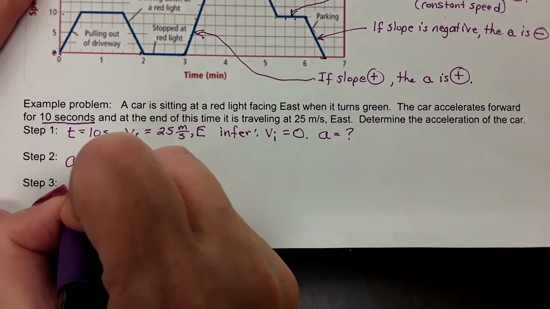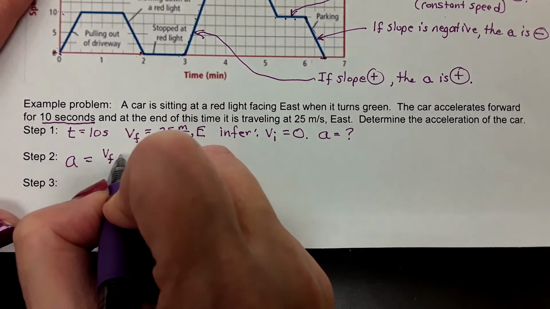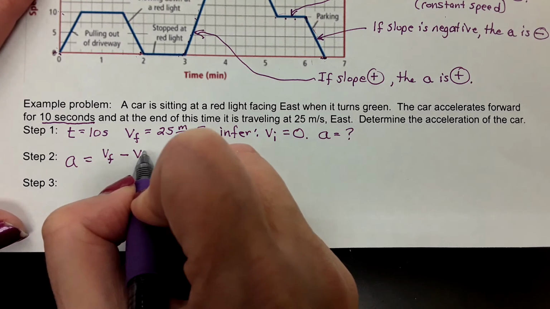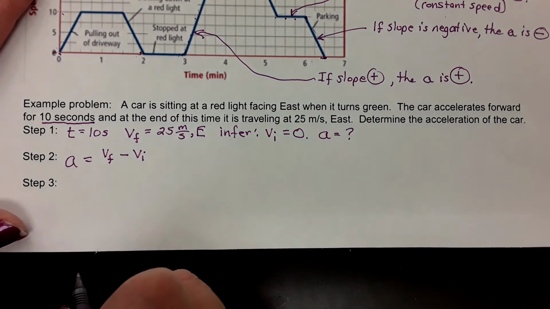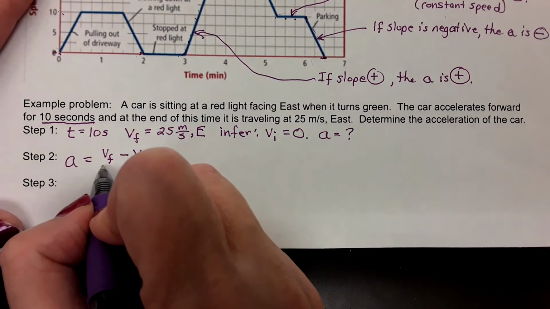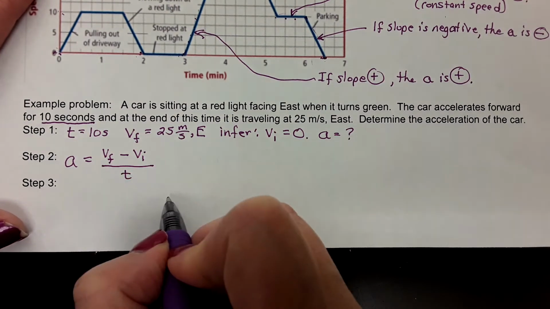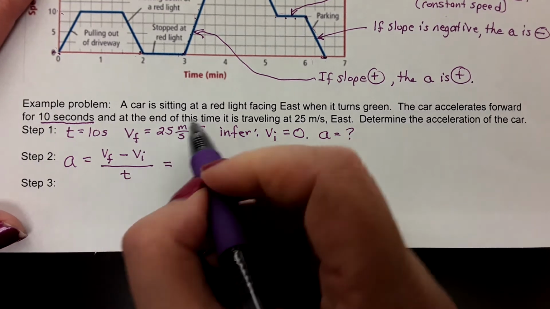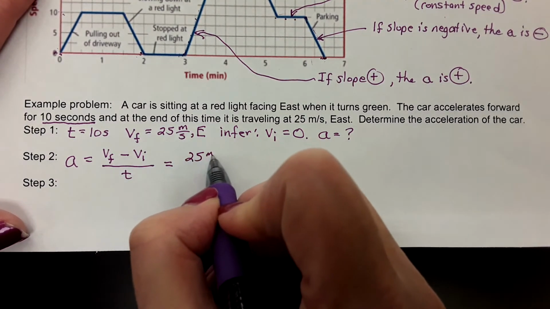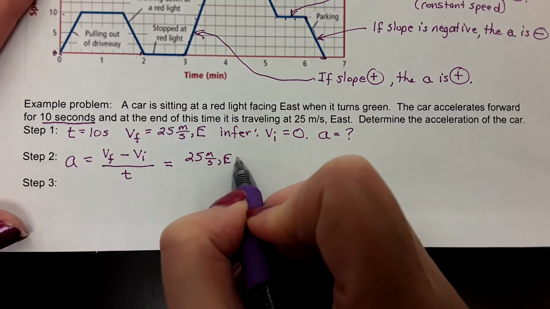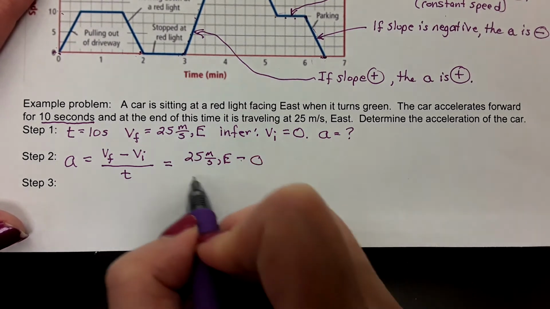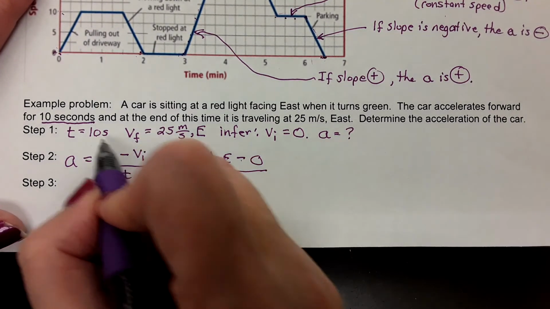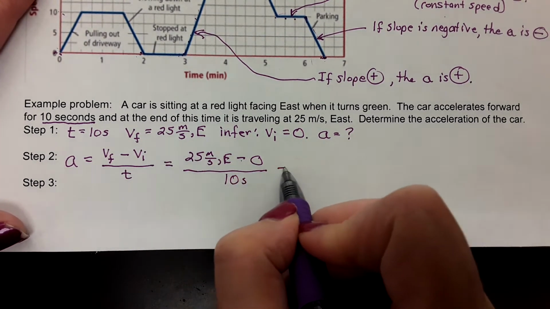The formula is acceleration is VF minus V sub I, always final minus initial, never the other way around, ever, divided by the time. Now we're going to chuck in our numbers, okay? The final first, 25 meters per second east minus 0 over 10 seconds.